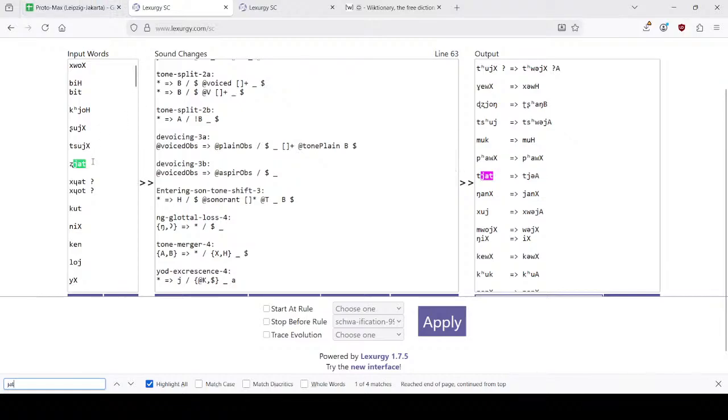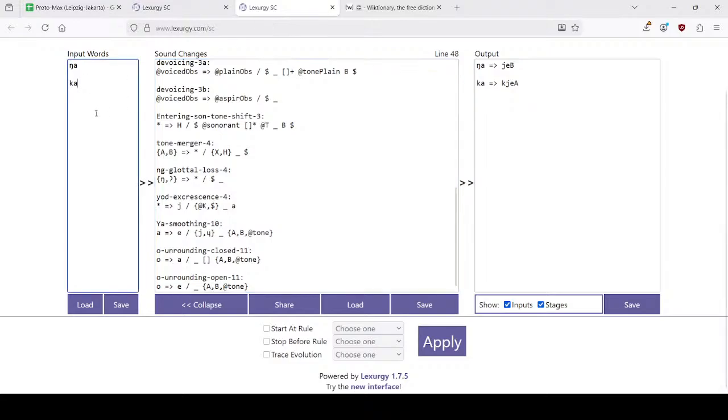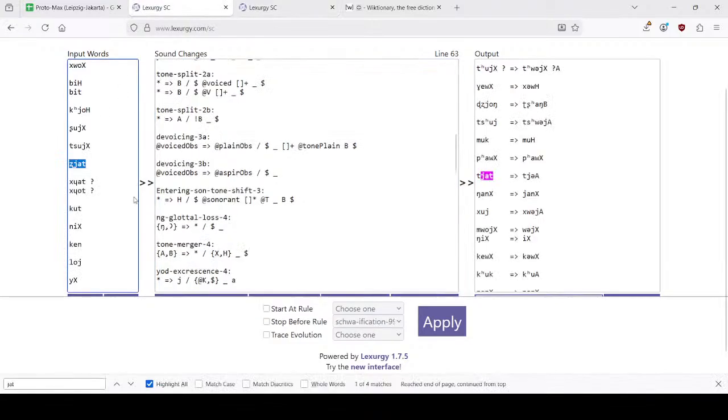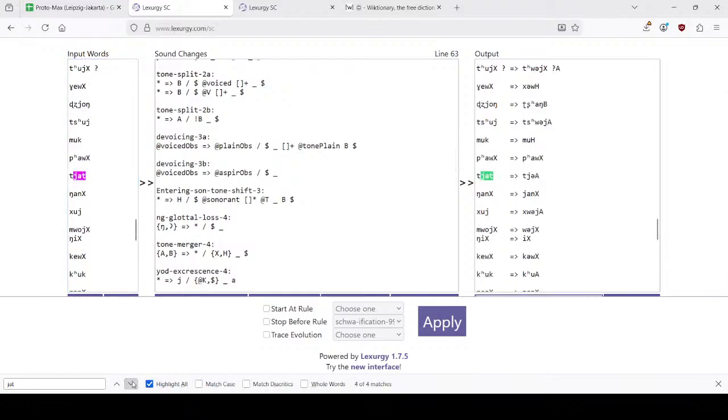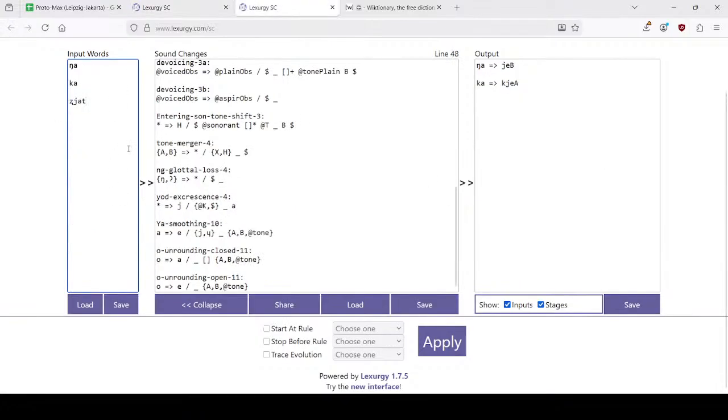So let's keep these in mind. Let's do yacht as well. Let's keep yeah. Oh, that makes sense, because this is just copied over here, so only the first two are relevant. Okay, let's apply these.